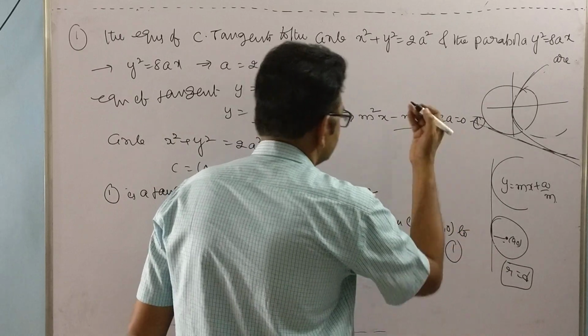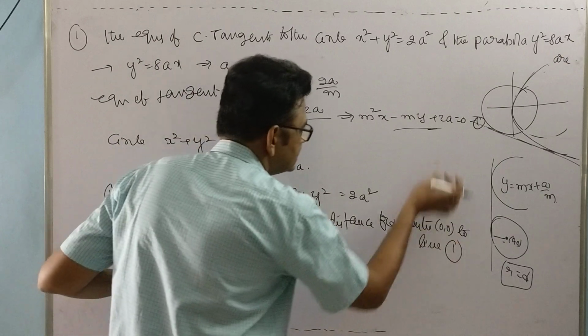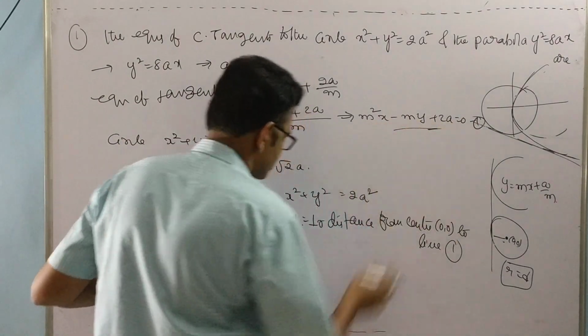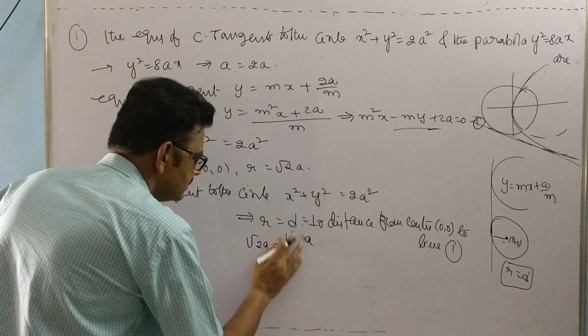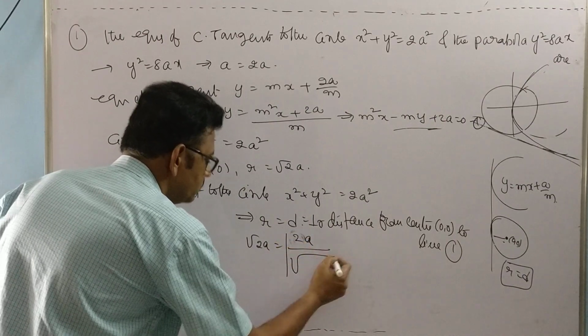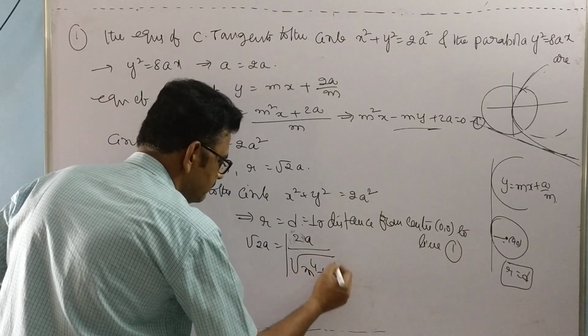So this is the line. So from 0, 0 means what? That is c by root of a square plus b square. That is 2a by root of m power 4 plus m square.